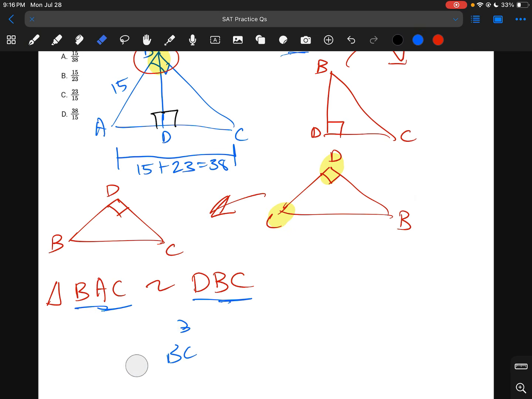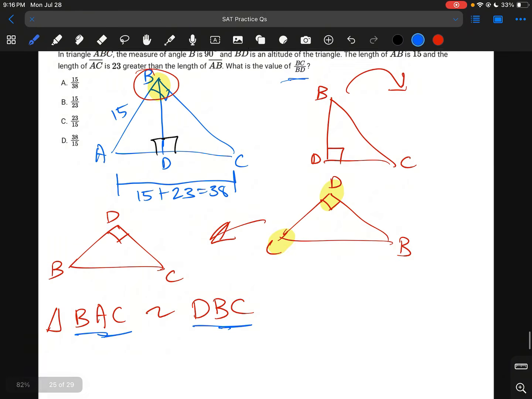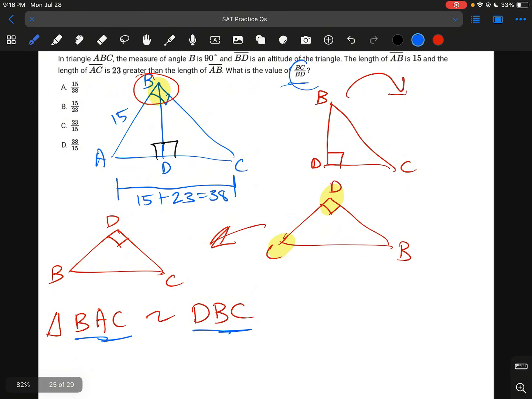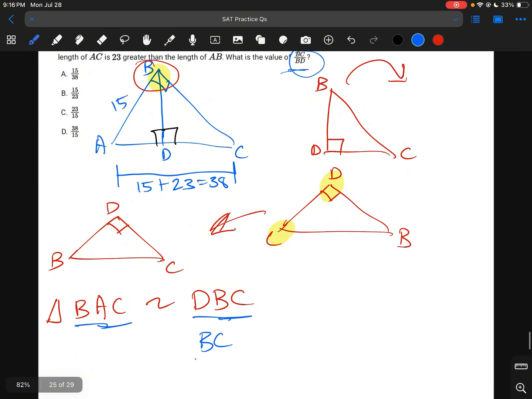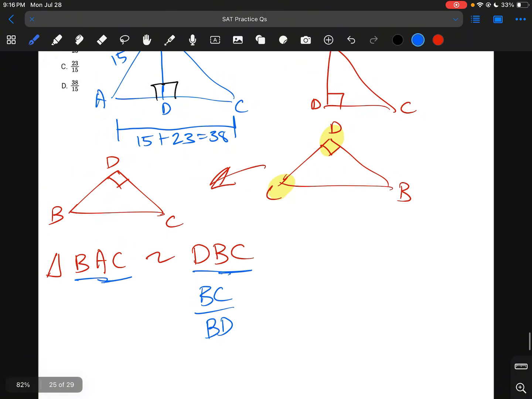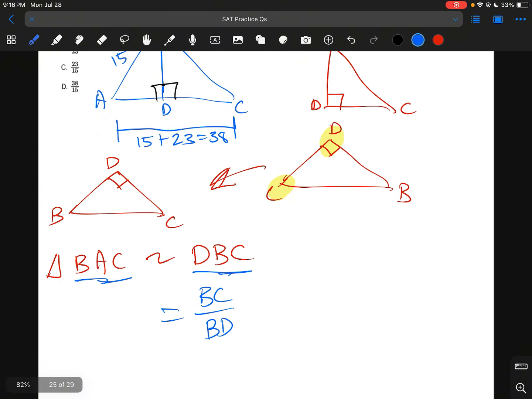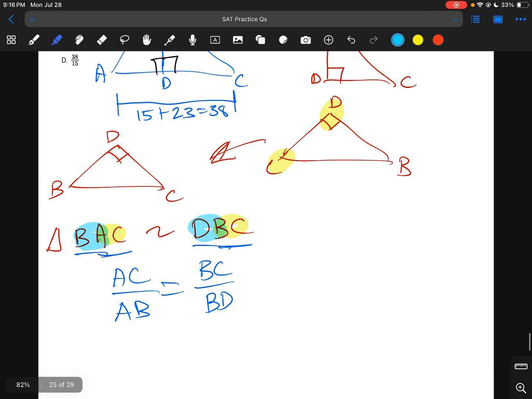Okay. So that means that the ratio of what we're looking for, BC over BD, is the same as saying AC over AB. Because we have BC, AC, and then BD and AB.